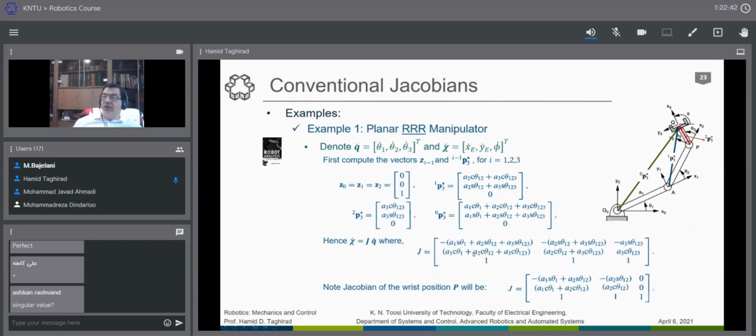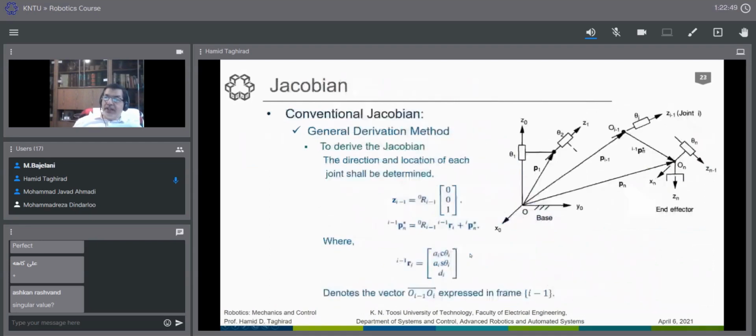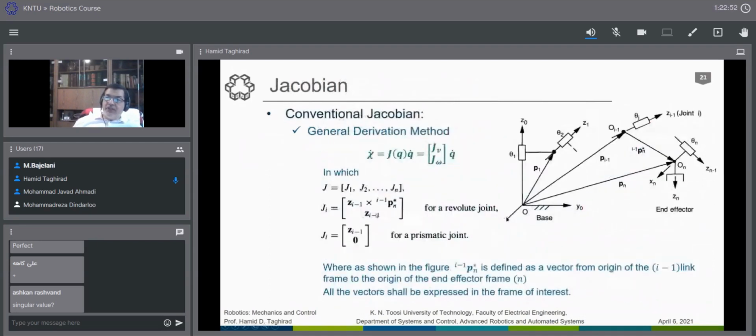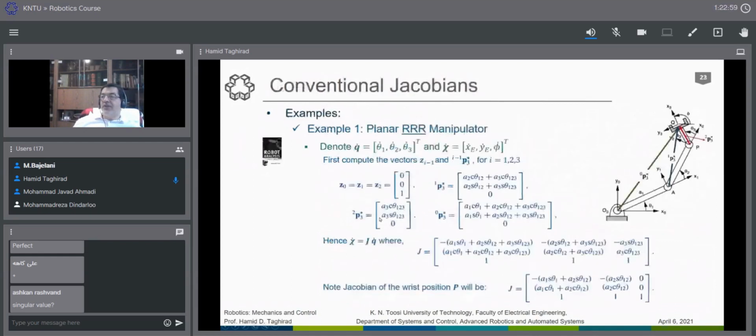And Z1 is 0, 0, 1, as you see here. We just use the last component, the phi component here, to have a 3 by 3 matrix. So just multiplying this by Zi will give you this one. Multiplying this by Zi will give you this part. And this one by Zi will give you these 2 parts that we decompose in the x and y direction.